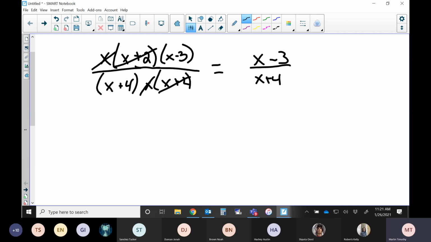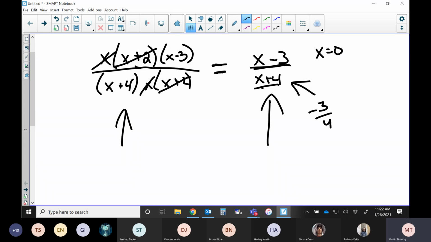However, I did miss something. See, when I say two things are equal, that means that no matter what happens, if I plug an x into this one and I plug an x into this one, I should get the same answer. Well, I can plug 0 into this. If I plug in 0 into this equation, it's fine. 0 plus 4 is 4. 0 minus 3 is negative 3. So if you said x equals 0 over here, you would get an answer of negative 3/4.